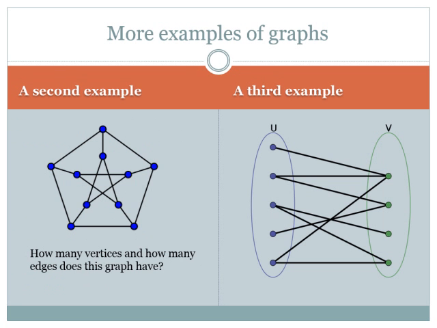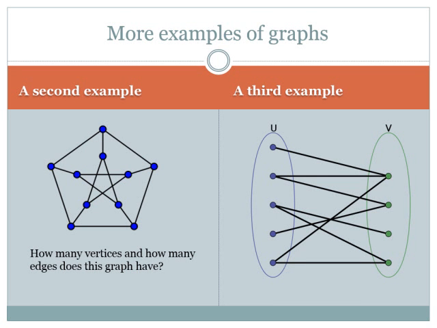Another example of a graph is the graph in the left-hand column that is called Petersen's graph. Petersen's graph has 5 vertices on the outside cycle, and it has 5 vertices on the inside star. So altogether, Petersen's graph has 10 vertices.